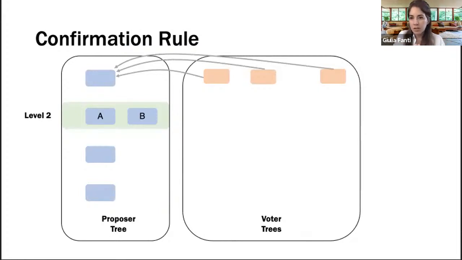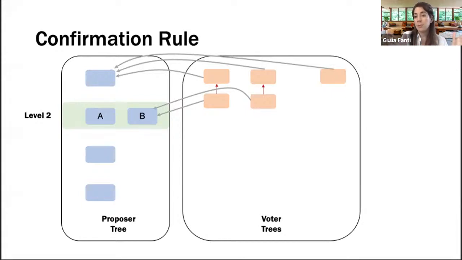As I mentioned earlier, in the case of level 1, we only had one proposer block, and so all of the voter trees voted for this one block. Now at level 2, we have a decision to make. Do we choose block A or B? The reason that we need to choose one of these is because we need a consistent sequence of events.